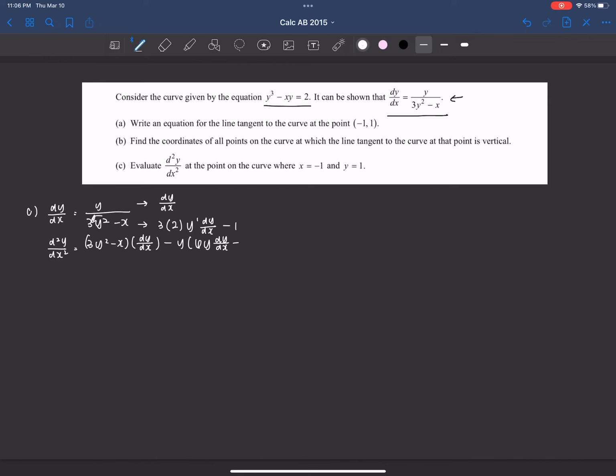Forgot the minus 1. All over low squared, which is just 3y squared minus x squared.